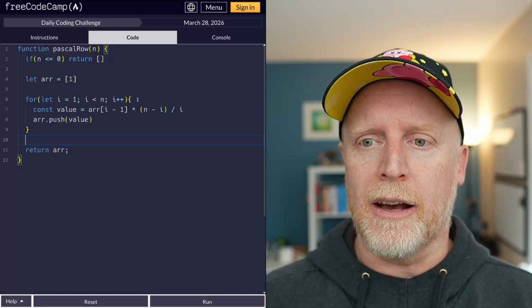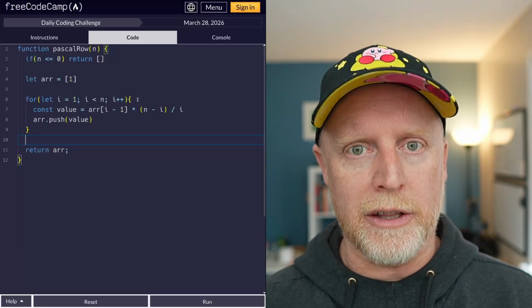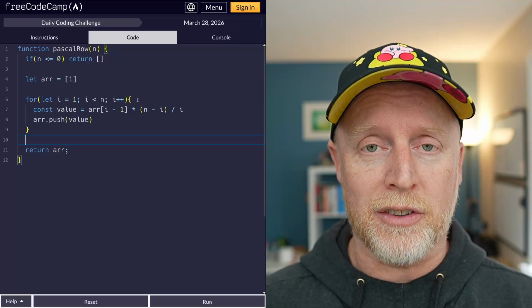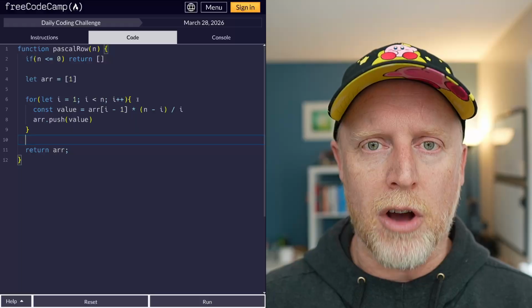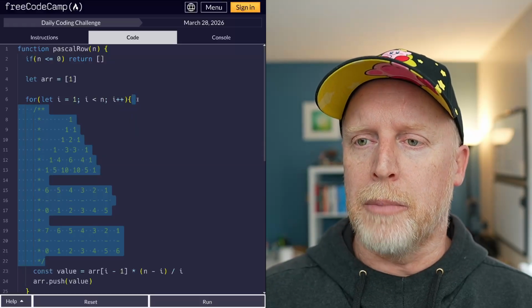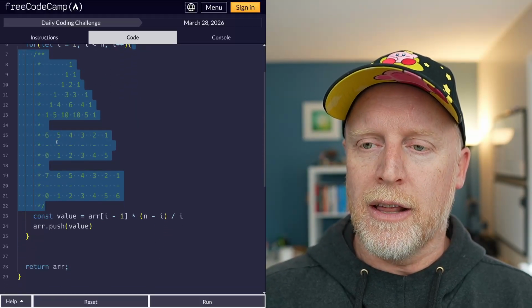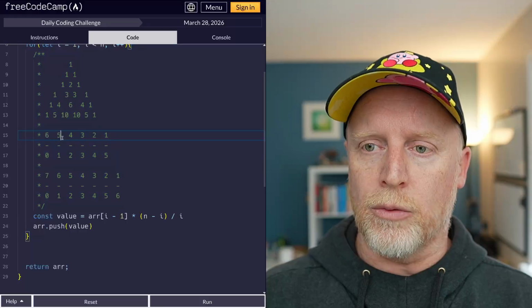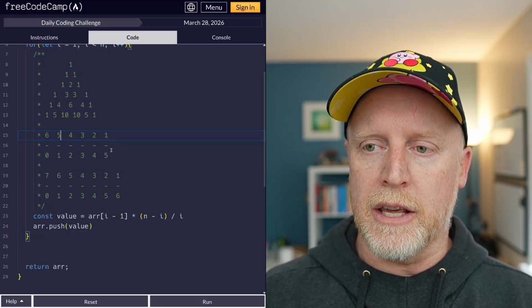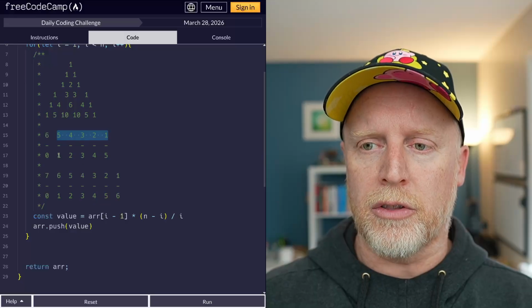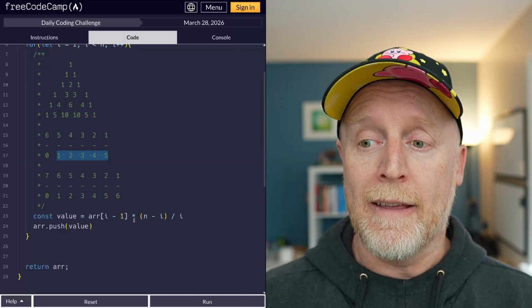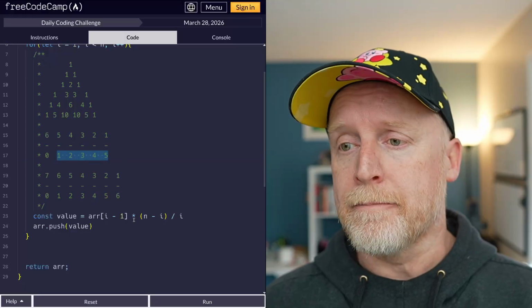I tried to read the Wikipedia article on this and all that mathematical syntax kind of made my eyes glaze over. So if it did for you too, let me know in the comments. But it all hinges on this idea that as we go down the line, we are flipping the fractions. The top number is getting smaller, the bottom number is getting bigger. That's where the magic happens.